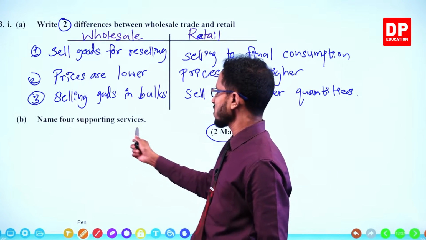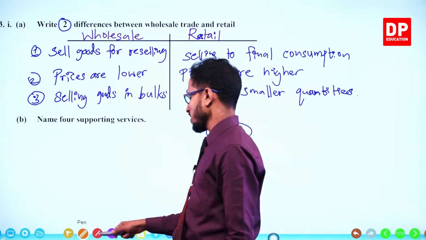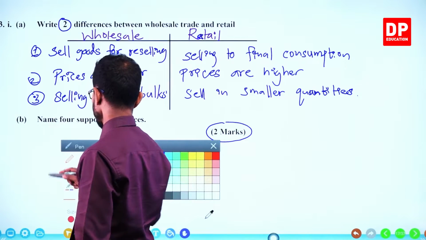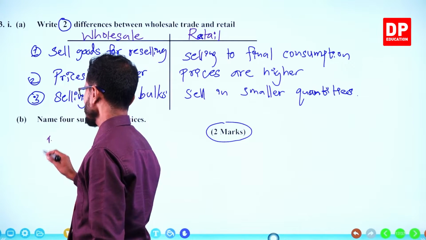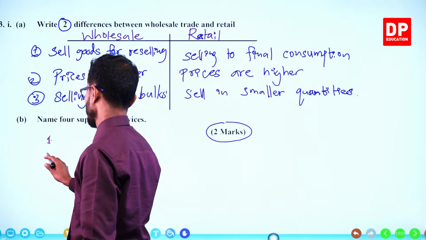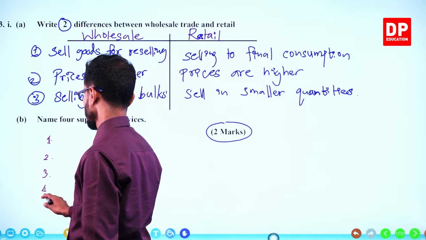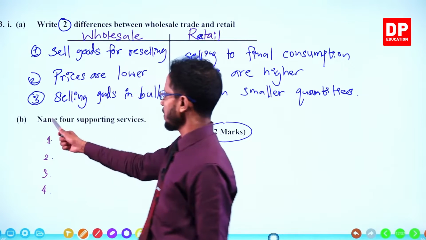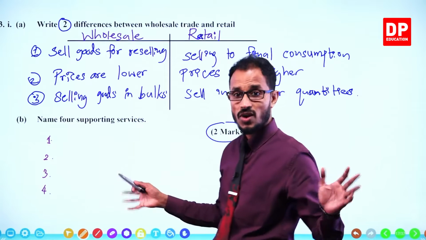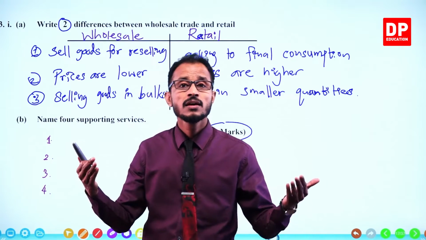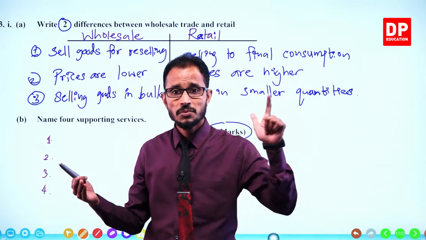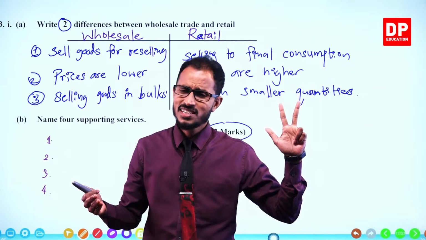Name 4 supporting services. Why are these questions so easy? Huh? Why are they so easy? Tell me. Name 4 supporting services. What? Tell me. Transportation, communication, entertainment, health.